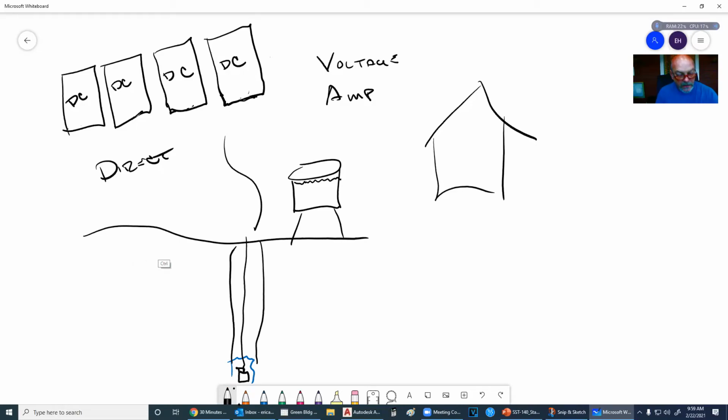That's direct. Or it may run a fan. Okay, so I was talking about solar thermal a minute ago. We've got a solar thermal system up here, and we have our storage tank below. So we want hot water to come down here.